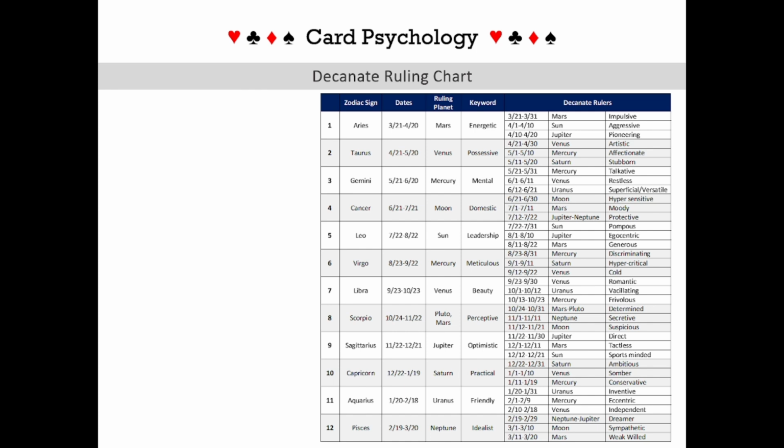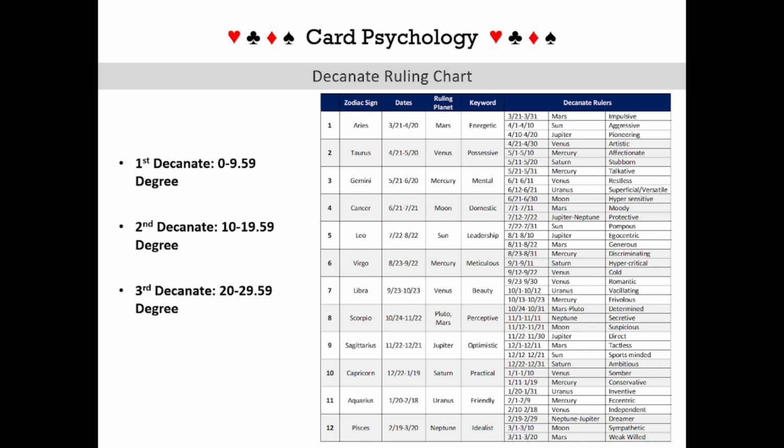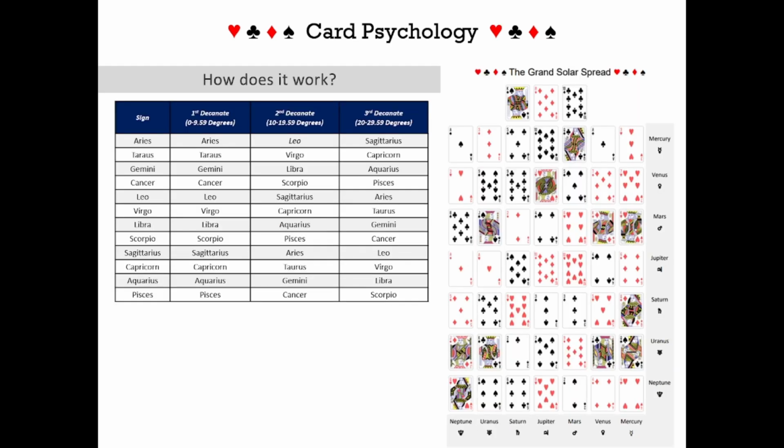This was his little cheat sheet for it. You could use that, but also double check it a little bit. And on the left side, these bullets are from Robert Camp, determining how to find the first, second, third decanate. I want to just show you a little bit.